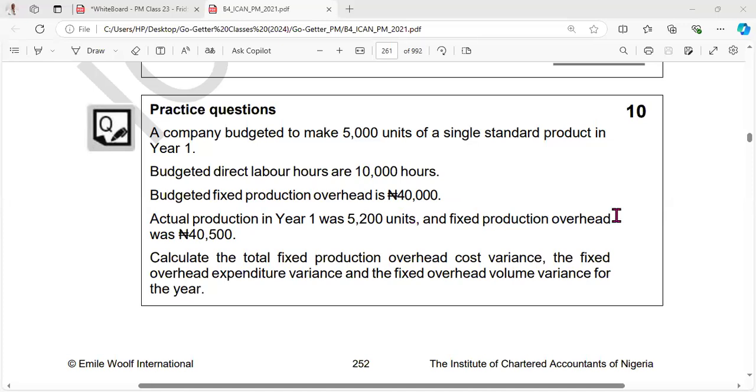Fixed production overhead is 40,000. We are asked to calculate the total production overhead cost variance, the fixed overhead expenditure variance, and the fixed overhead volume variance for the year. Let's attempt this one.